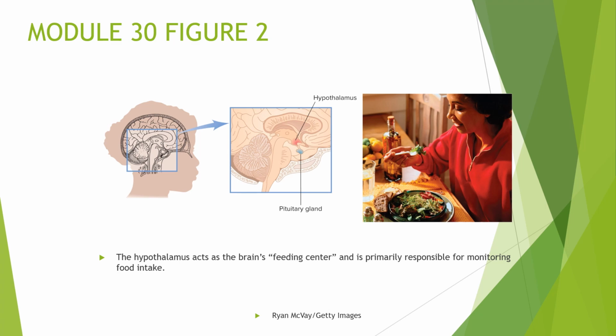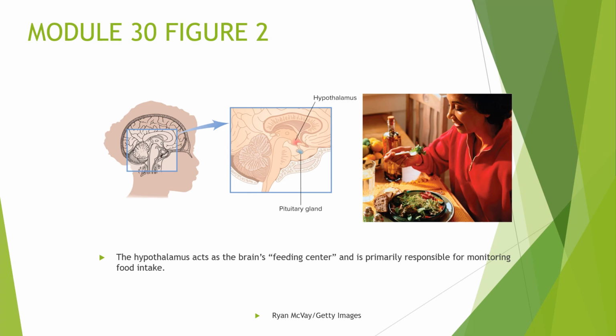And so you can see that the pituitary gland is very much involved because we just talked about two hormones, both insulin and ghrelin, and how those were involved with your feeling of hunger. All right, so those are the biological factors or reasons behind why we may feel hungry.